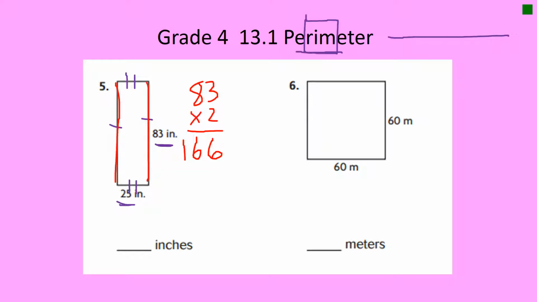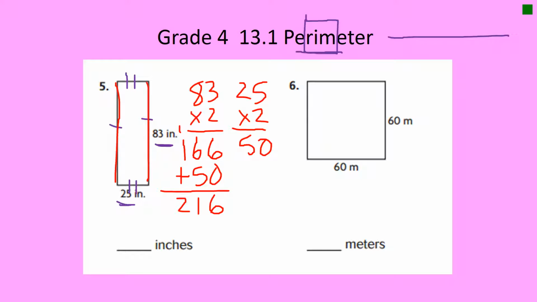So now let's look at the width. It's 25 inches, and I have 25 inches two times. 25 times 2 is, of course, 50. So I can combine those two numbers to find the perimeter of this figure, 216 inches.